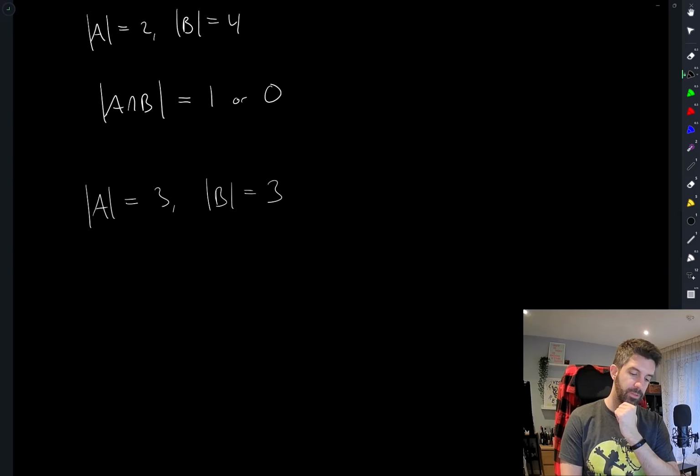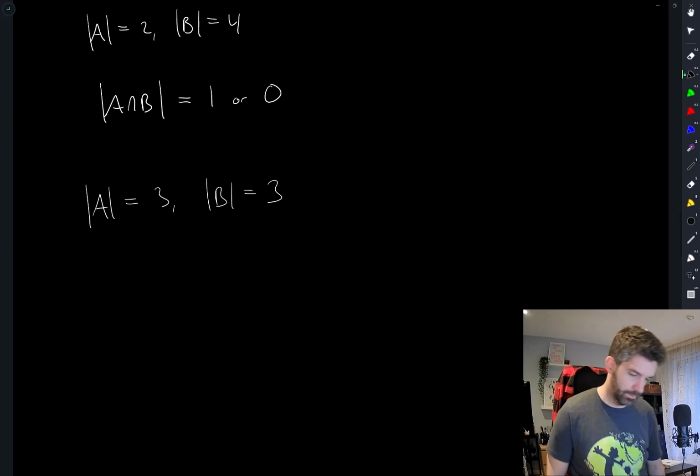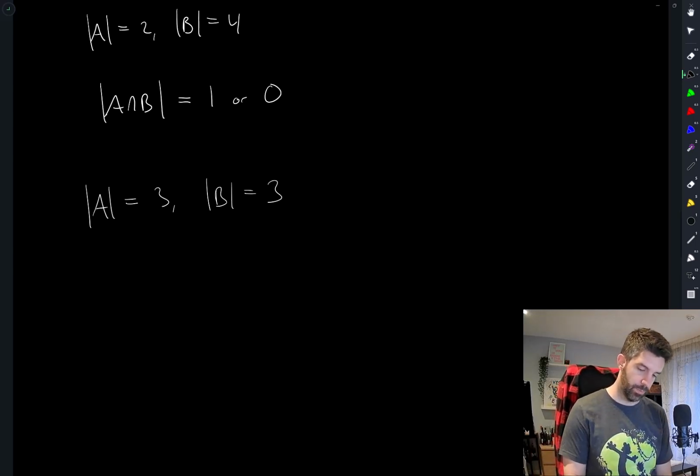Well, this clearly means that the intersection and the union must both have cardinality 3, but if A is equal to B, I consider those to be subsets. So this can't work.